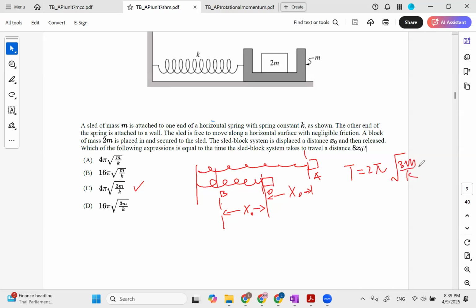But then, one period would equal 4 x traveled, right? 1, 2, 3, 4. And so for it to travel 8, you just have to do it again. 2T, right? 2 times 2 pi square root of 3m over k. Okay, that's good.